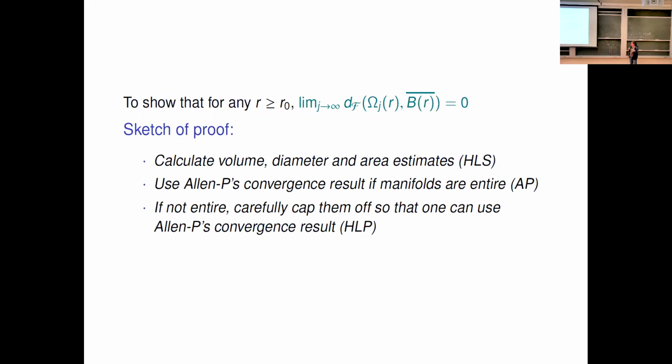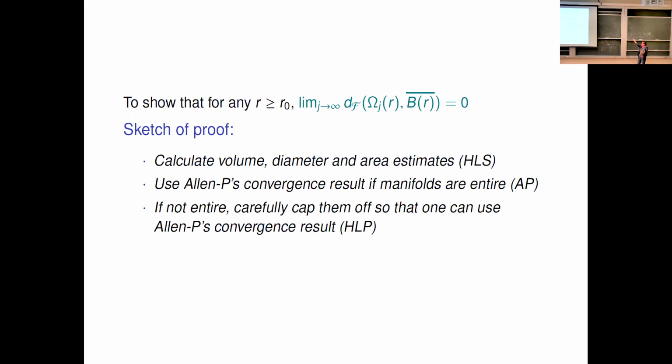Okay. So if these manifolds had boundary, we complete them with a cylinder, then cap them off. This new manifold, or this new region, we make these new regions converge to a ball in Euclidean space. But then what's the relationship between this new region and the previous one?